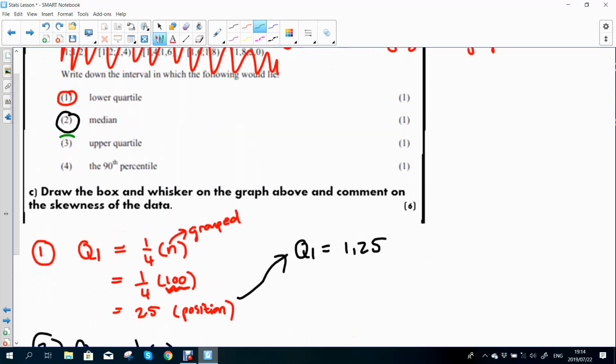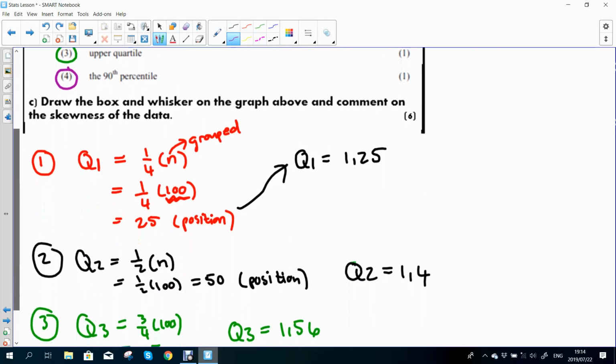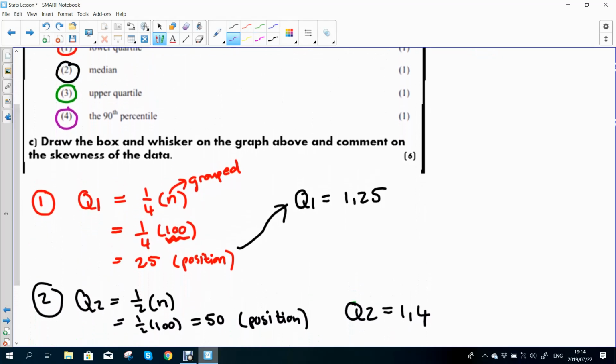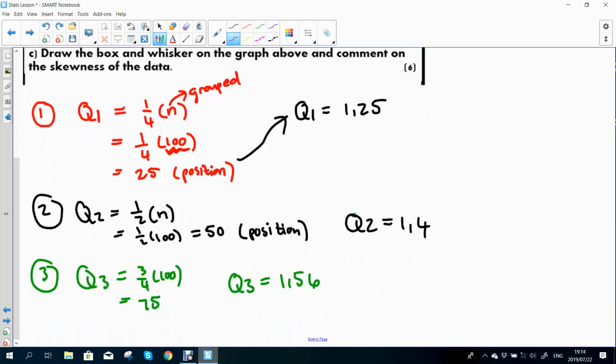And then finally, what is the 90th percentile? I love asking these questions. They can also ask what is the 9th decile. How do you work that out? The 90th percentile and the 9th decile.